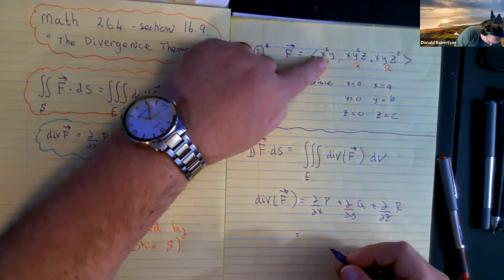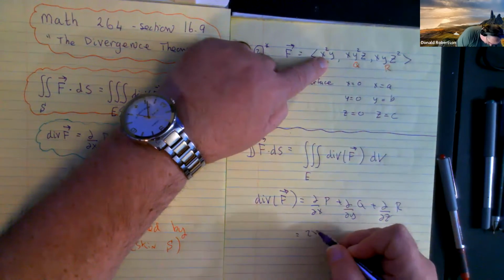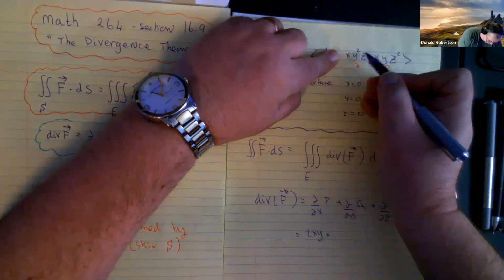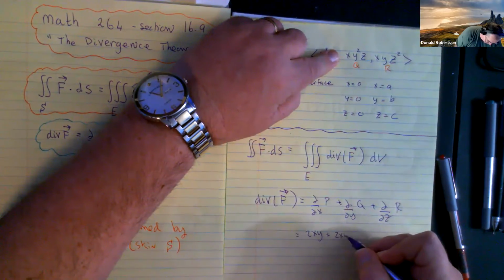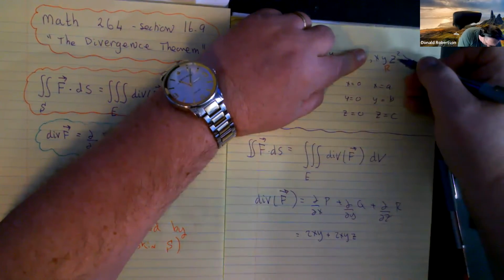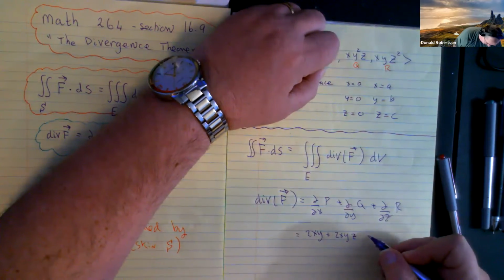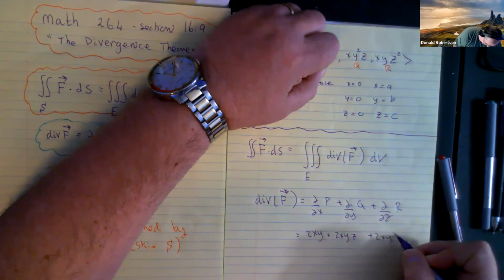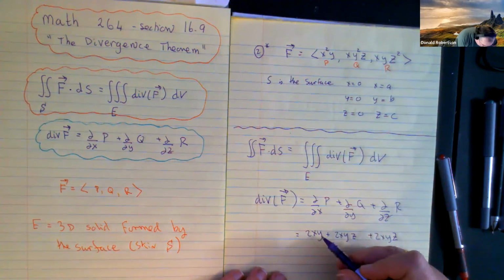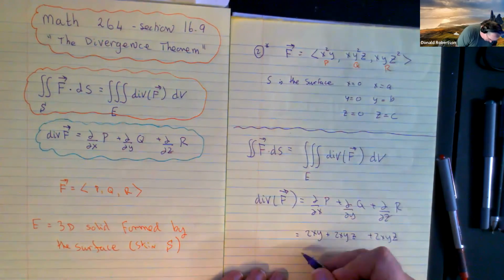So if you differentiate this with respect to x, you get that. If you differentiate this with respect to y, you get that. And if you differentiate this with respect to z, you get that guy and that guy. What about this one? Oh, that's a bit of an annoyance, but never mind.